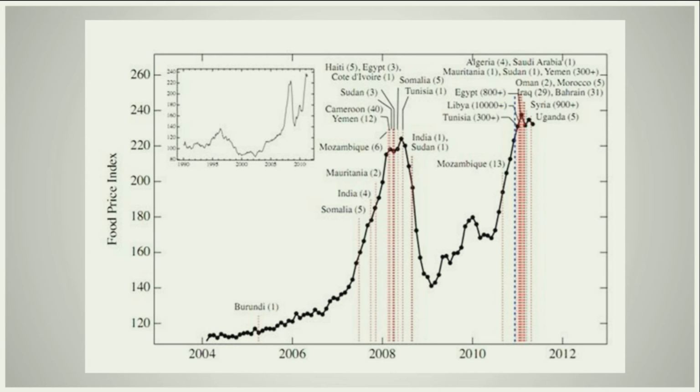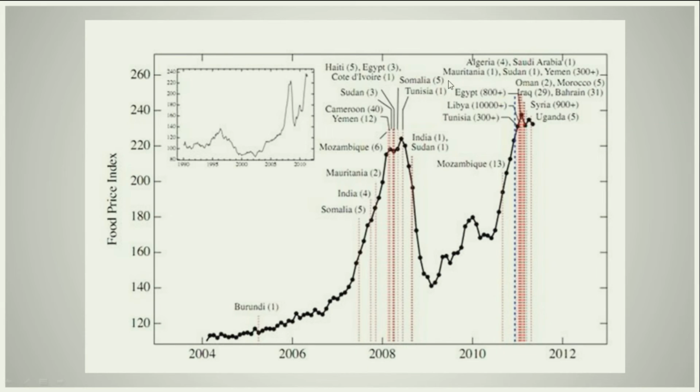So these little arrows and place names here are parts of the world where the price of food went very high, and the result was civil unrest, revolutions, warfare, because people didn't want to just starve, they would revolt. So places where revolts happened, it seems to correspond to times when the food price is very high.